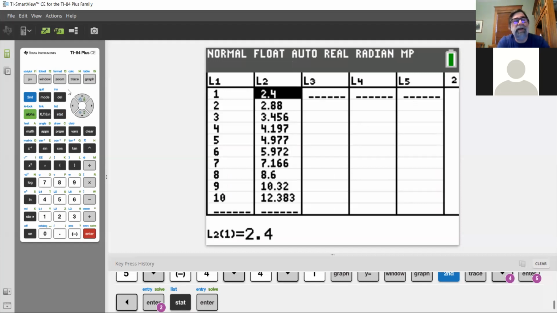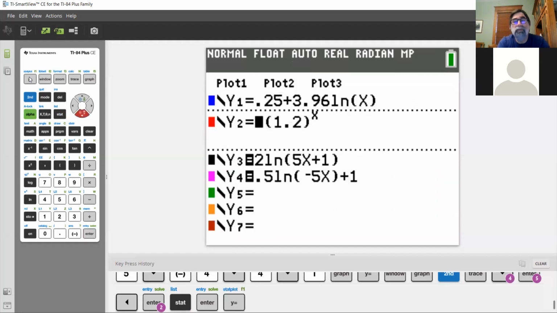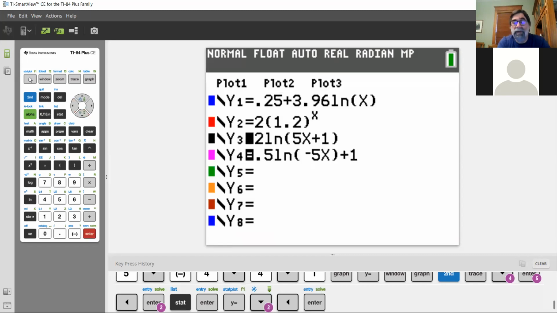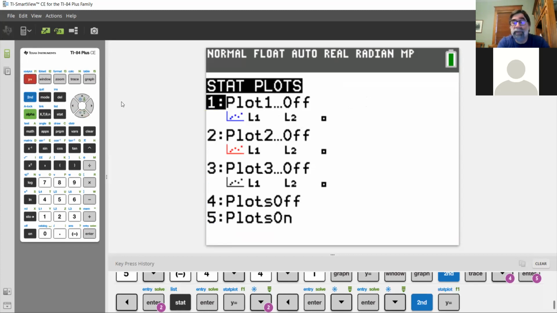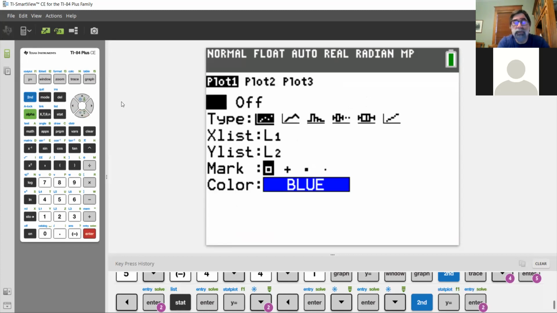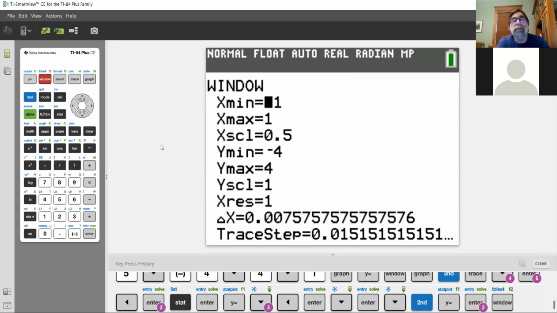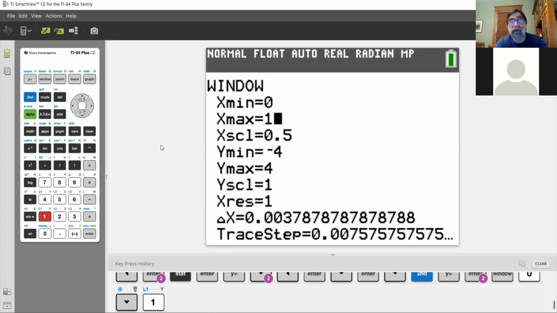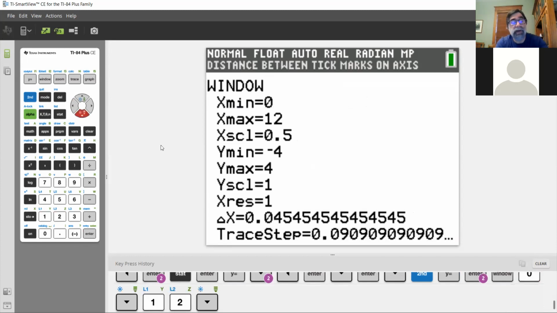So if we do a scatter plot here, let me make sure we're not getting bogged down by these old examples. Okay, there we go. So if we do a scatter plot here, turn our plot on, and let's set up our window. So let's start at 0 and go up to 12, so we can see the outputs there.